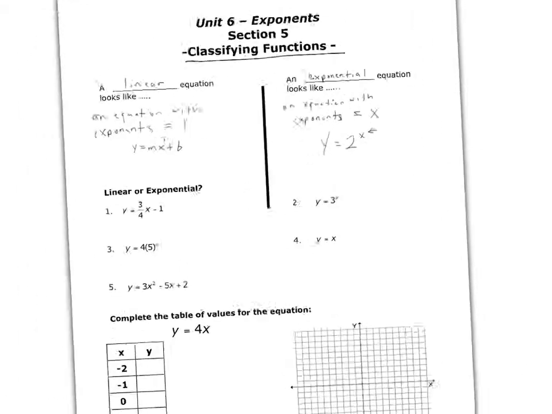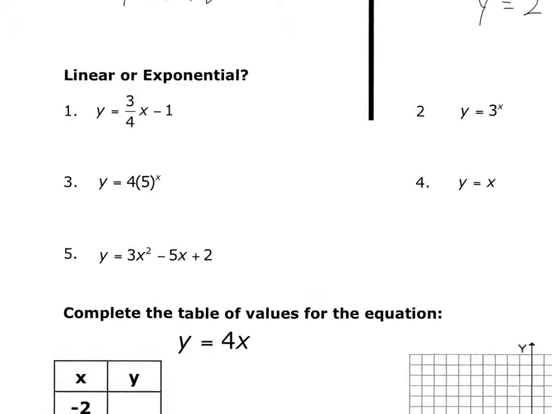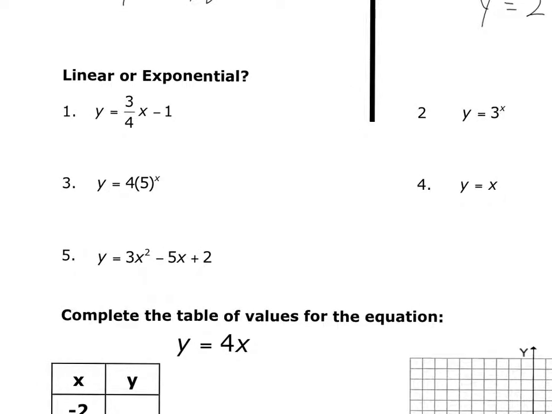Okay, so let's look at these few examples here and decide if they are going to be linear or exponential. Okay, our first guy, well, you have 3/4 x minus 1. You don't have a variable that's an exponent, and you don't have an exponent larger than 1, so this is going to be a linear equation.